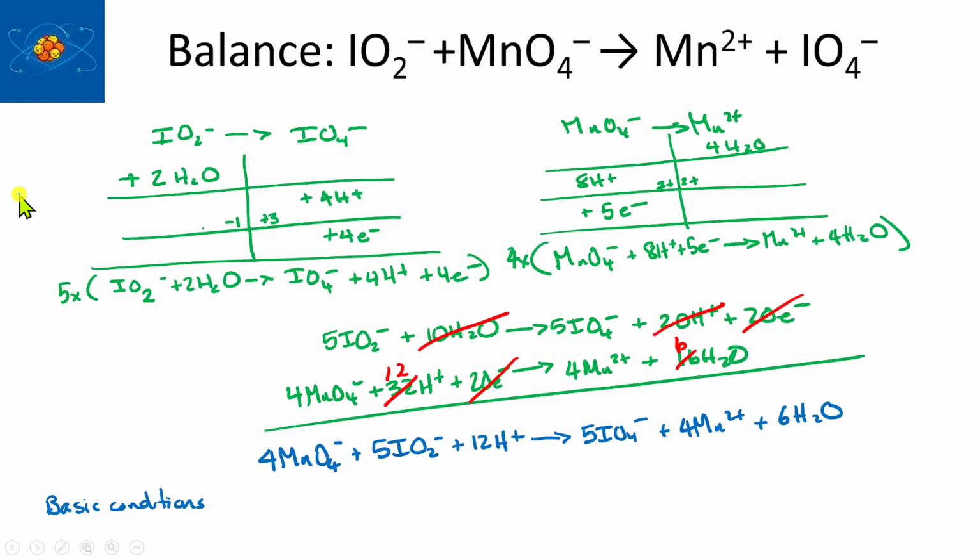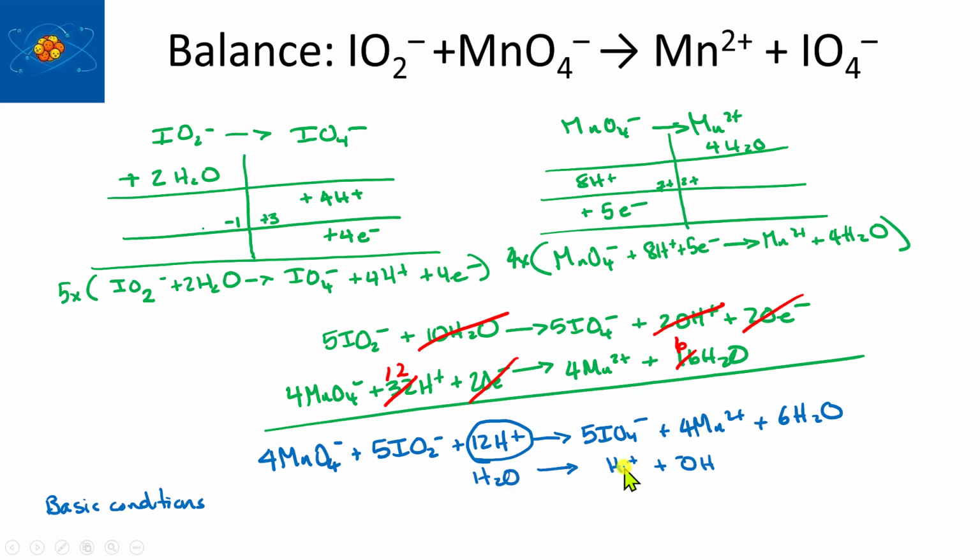Now, if I want to do it under basic conditions, that means I have to neutralize all of that. So a couple of ways people do it. I've always just liked doing it like this. This is the reaction I want to use, like this. And I say to myself, how many of these do I need to add?